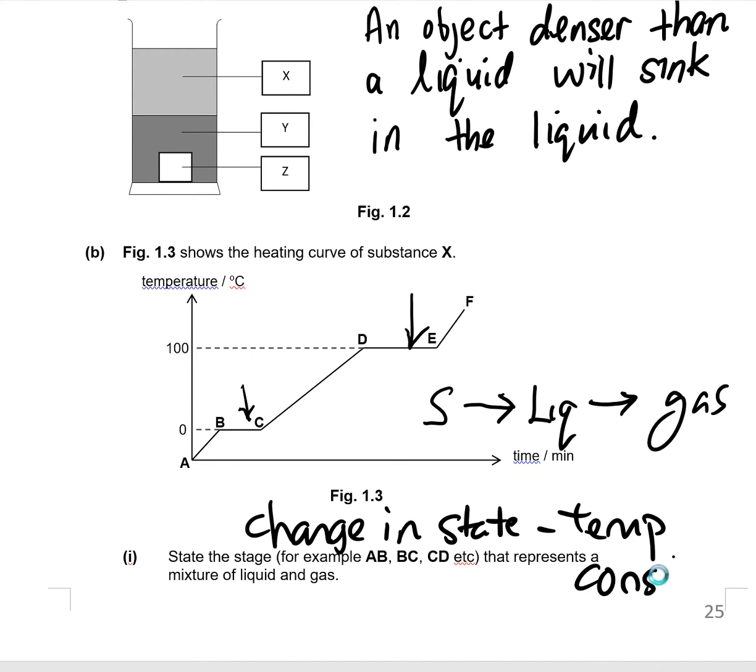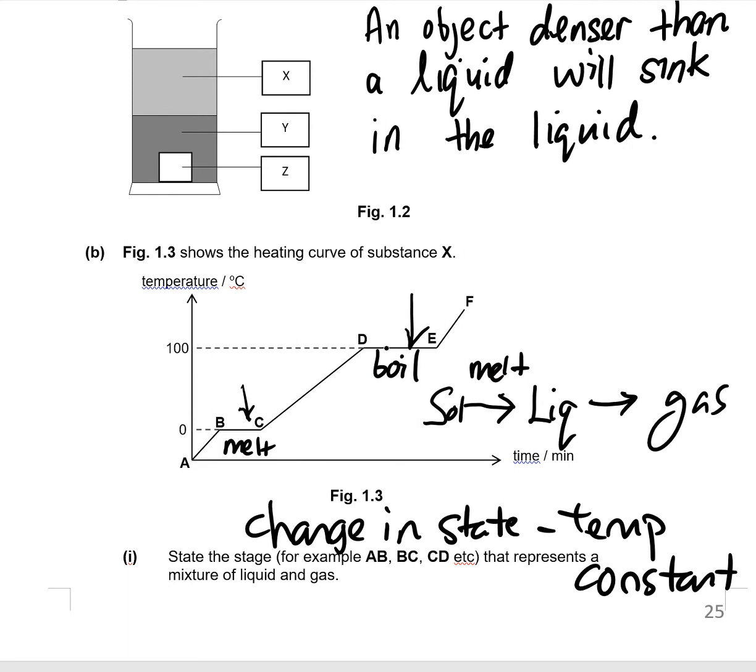All right, the temperature will not change. So when you boil water, it stays at 100 until the last drop of water has been boiled. So when you melt ice, the temperature will also remain constant until the last bit of ice has been melted. So BC refers to the melting process, and DE then refers to the boiling.